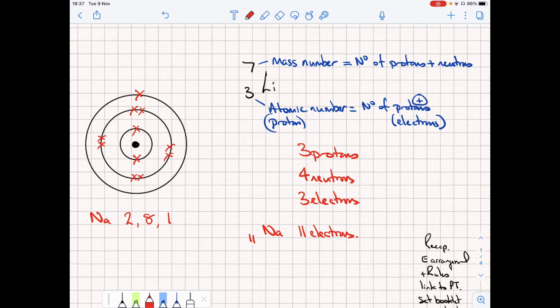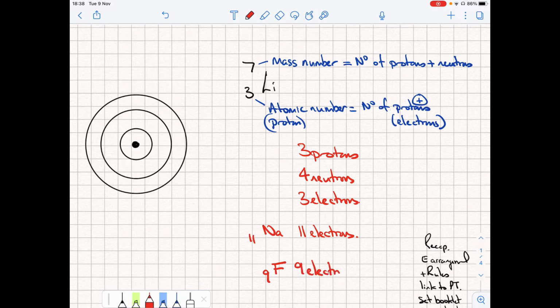We'll try one more. Let's remove these ones for ourselves so we've got a bit of space. Okay. Let's do the same for, let's pick on a different element. Let's pick on fluorine. Fluorine has 9 electrons.